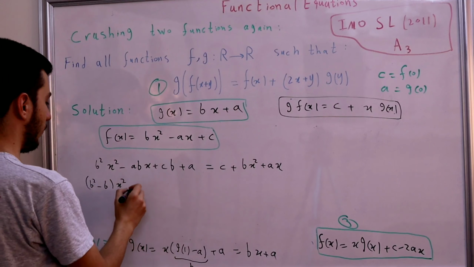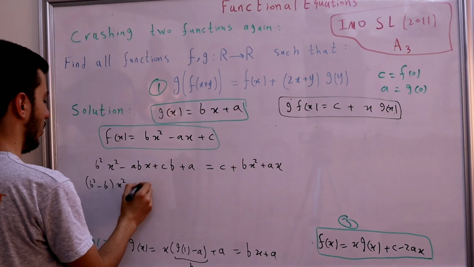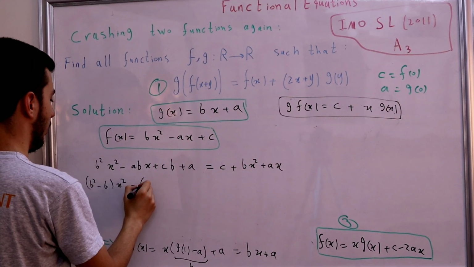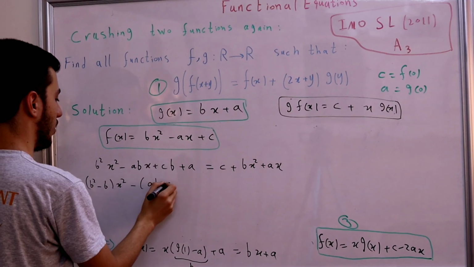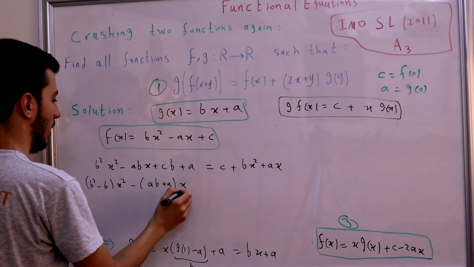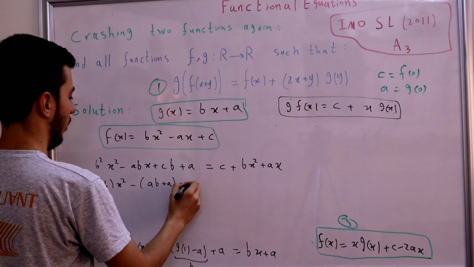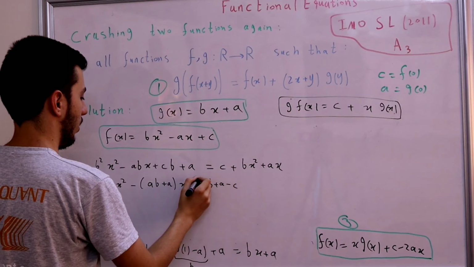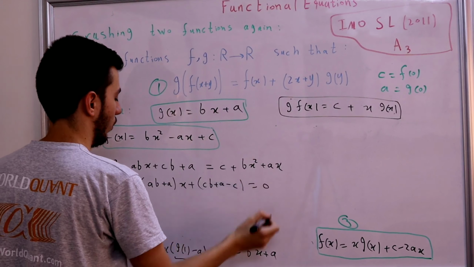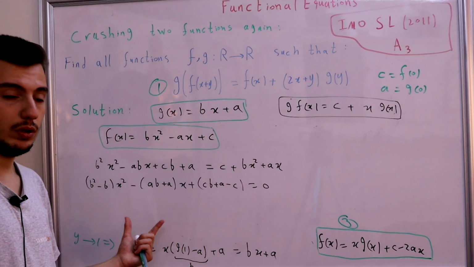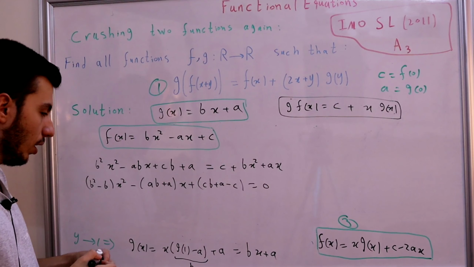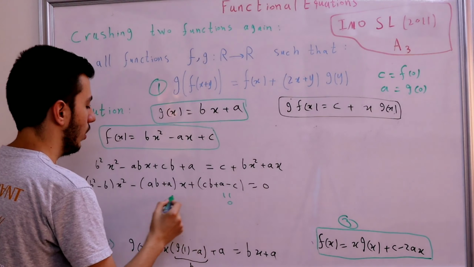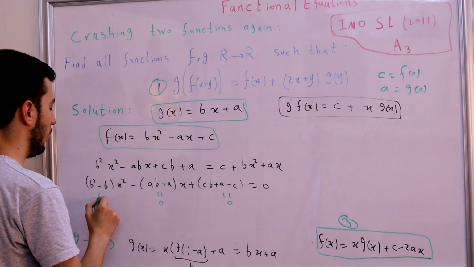This will be minus (ab plus a) times x, and this will be cb plus a minus c is equal to 0. Okay, great. So here we can immediately conclude that this is 0, this is 0, and this is 0.